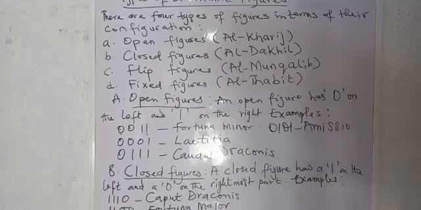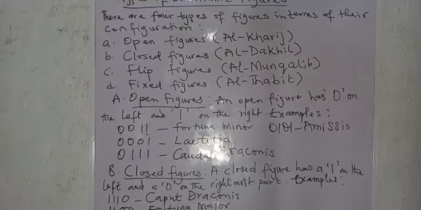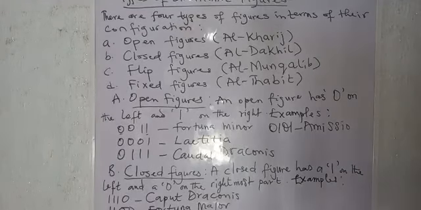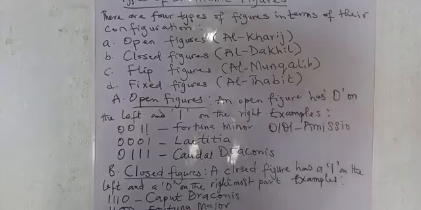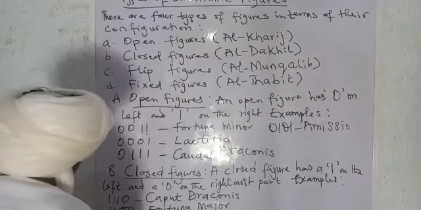We have already mentioned Caput Draconis 1110. So it remains one to complete the four. So in order to save our time, the remaining one is 1000.